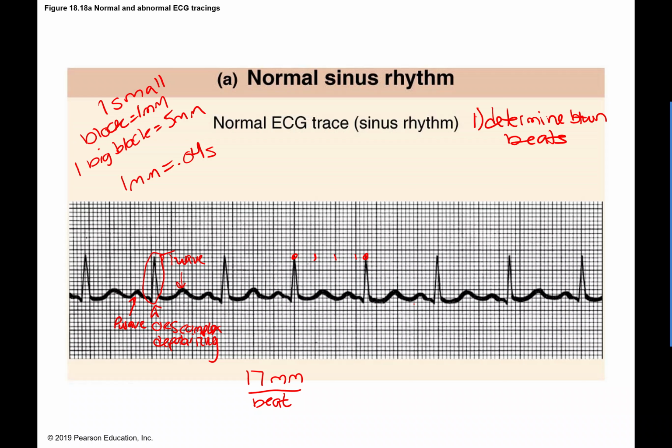Well, I now have a heart rate, but unfortunately my heart rate is in millimeters per beat. That doesn't quite work for us because we want beats per minute. And so step 2, we get the distance to time conversion.